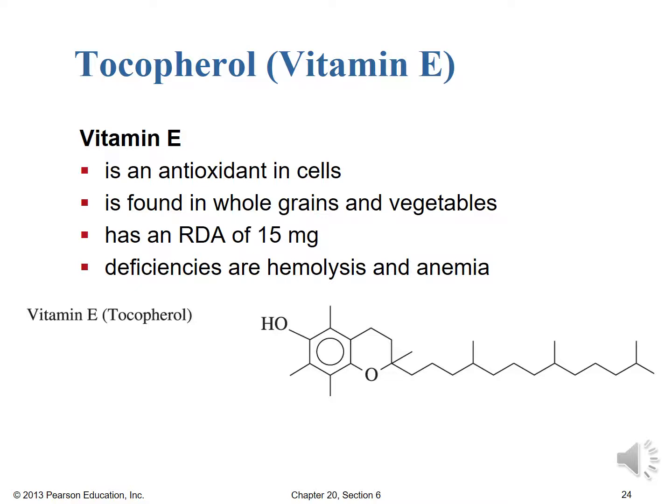So oftentimes for the use as an antioxidant in foods to preserve them, as a preservative for freshness, they'll use both forms. Oftentimes the supplement will be just the necessary form. Okay, it's found in whole grains and vegetables. It has an RDA of 15 milligrams, and deficiencies include hemolysis and anemia as side effects.